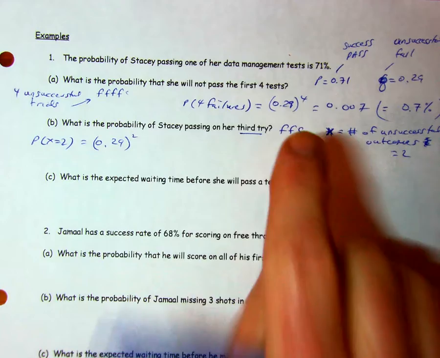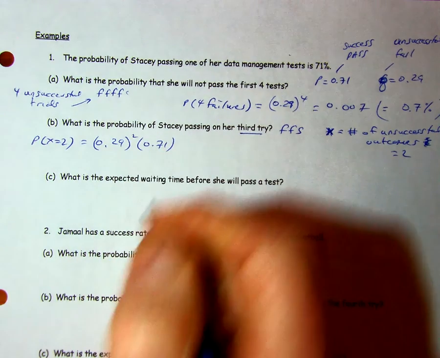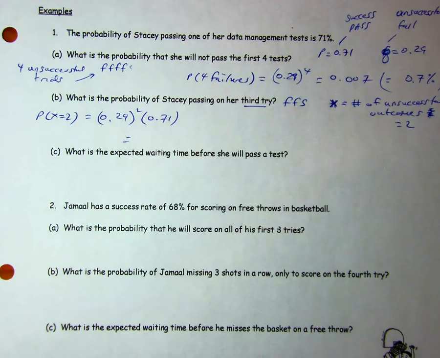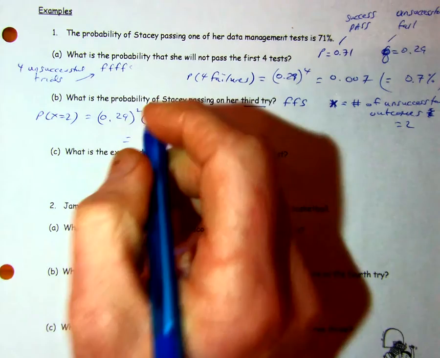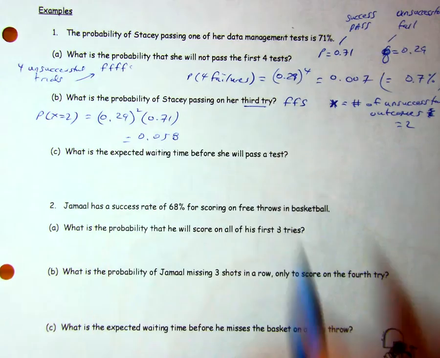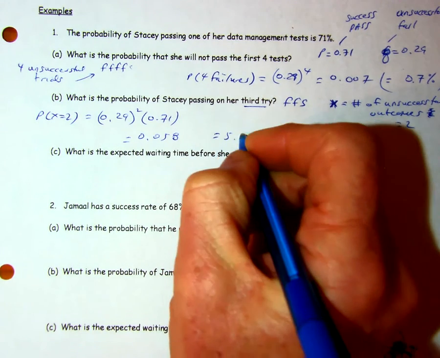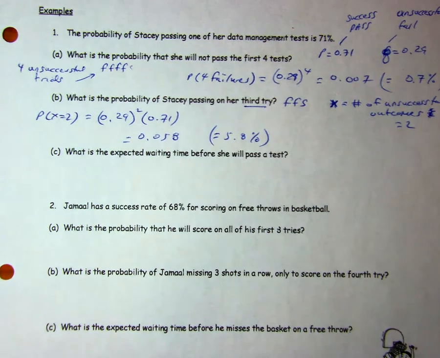We do have a success, right? So what is that? If you punch it in your calculator... I can't find my calculator. All right, that's fine. So 5.8%. If her probability of passing a test is 71%, the probability of her failing on the first 2 tries and then getting a success on the third try is only 5.8%. So most of the time this will not happen.